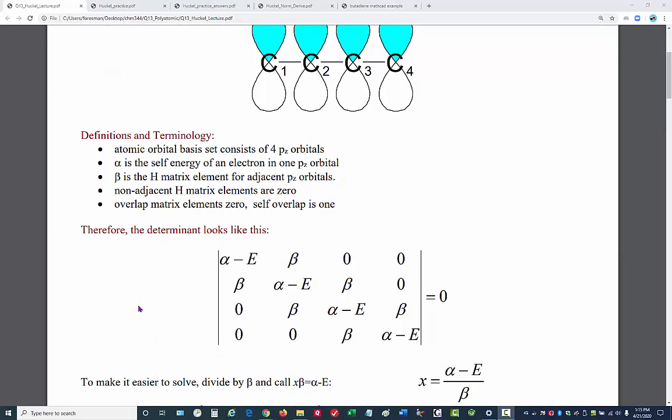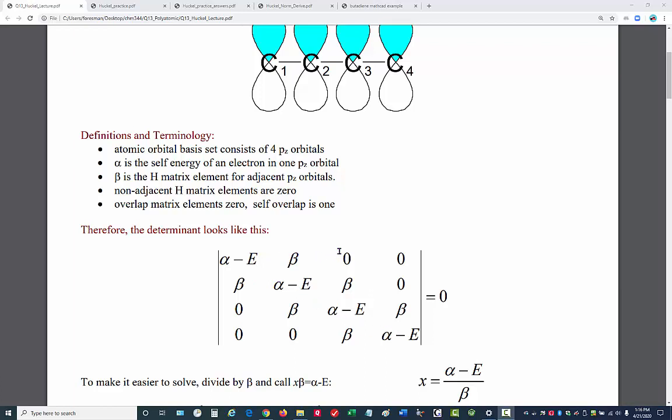You see we've got diagonal elements that are all the same, alpha minus E. That's because the H11 element would be alpha, just like the H22 and the H33 and the H44. Then remember what this equation looks like. Every element is H minus ES. So H is alpha. The S is 1, so that's why we get alpha minus E for all of the diagonal elements.